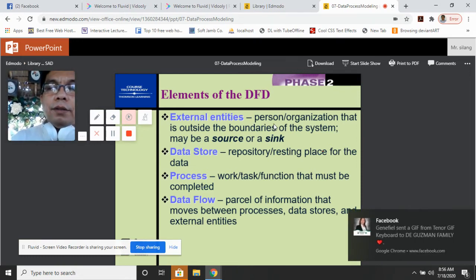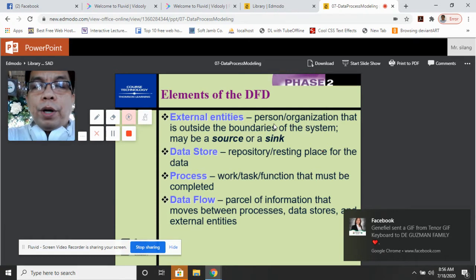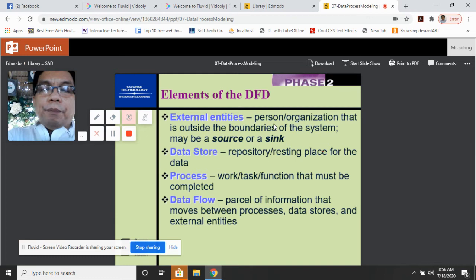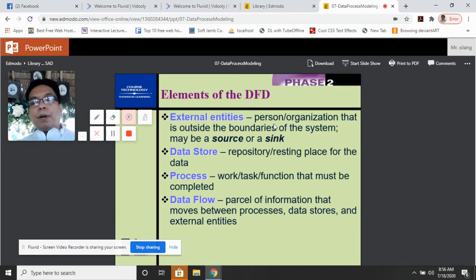The process are actually the work, task, or function that must be completed. So those are the processes. Then the data flow will be the parcel of information that moves between processes, data stores, and external entities. So these are the data, the information that moves from one process to another. So these are the elements, and I believe we can understand more of this as we go on with the explanation.